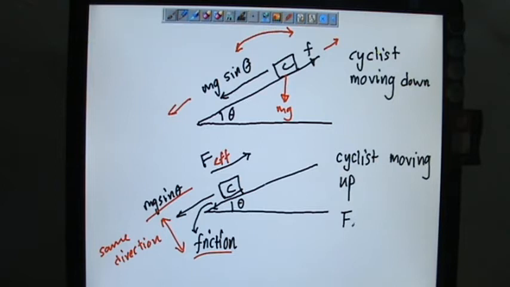So your effort must fight, put it here, versus mg sine theta along with friction. Okay, so it's always harder to go up the hill. This is what we know from ourselves climbing up the hill.